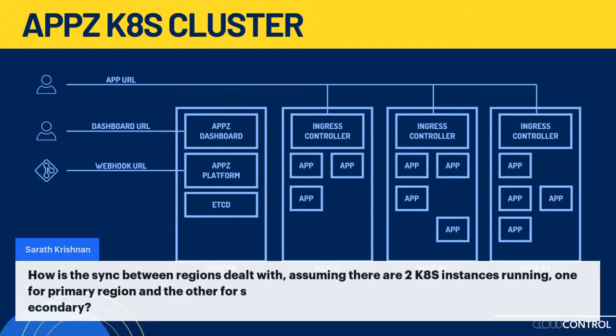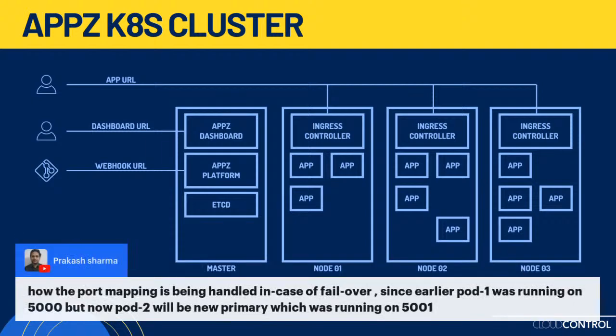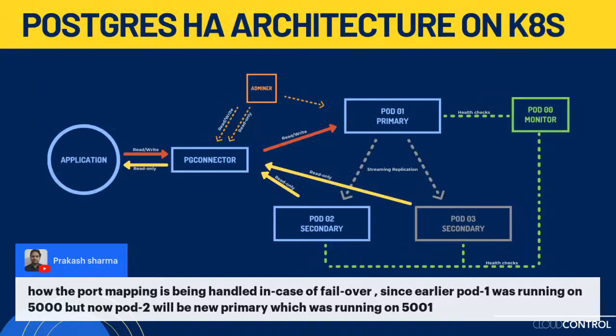All right. Now, the next question is about the port mapping. I think this touches on how we are using the PG connector and how, behind the scenes, these connections are managed, right? That's correct. To go a little deeper, the PG connector is an HA proxy based image.